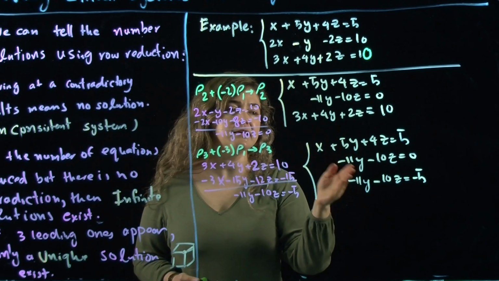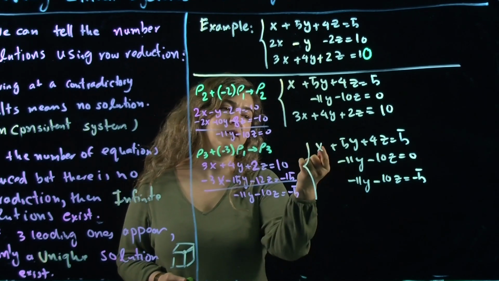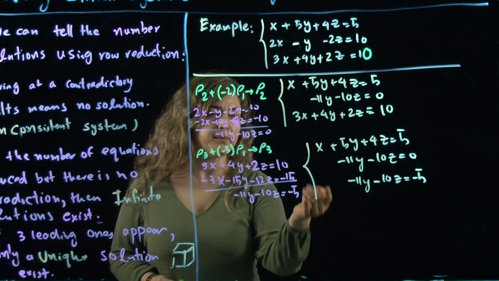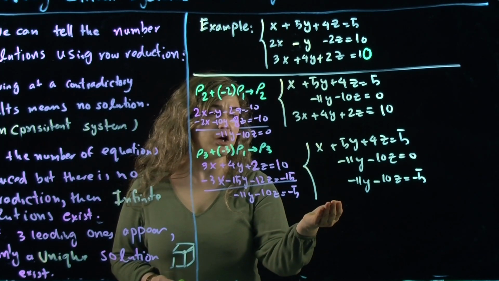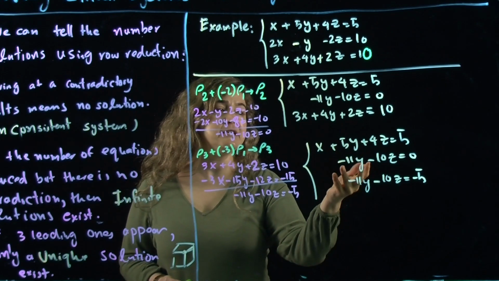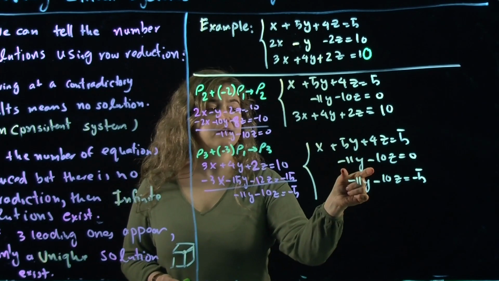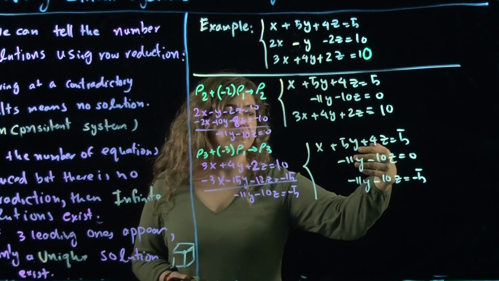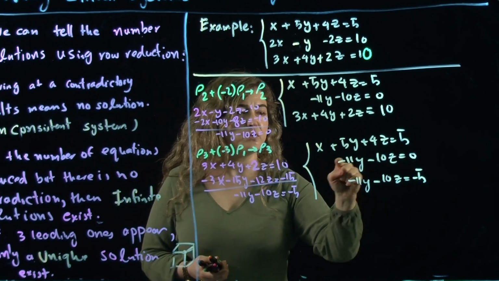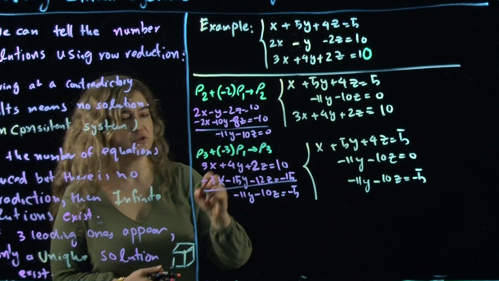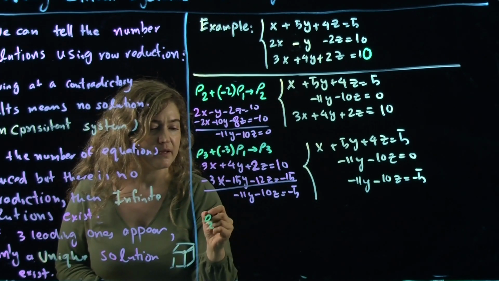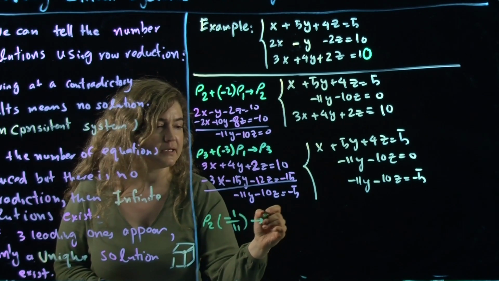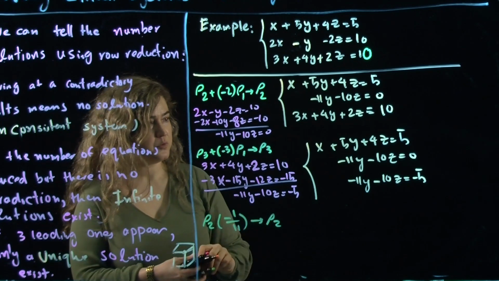Now that I know that I had a leading one and that variable was eliminated underneath, I need to create another leading one for the next variable, which is y. And so what I do is I multiply row 2 by -1 over 11, and I replace row 2 by that.